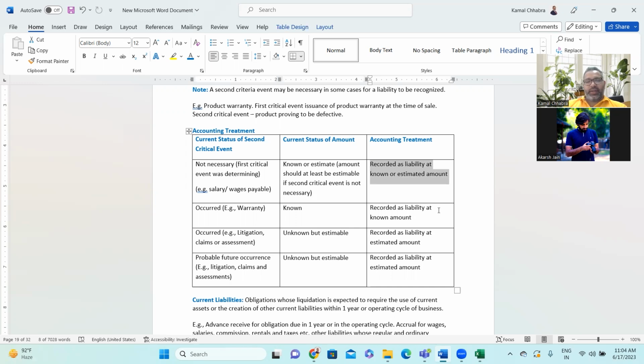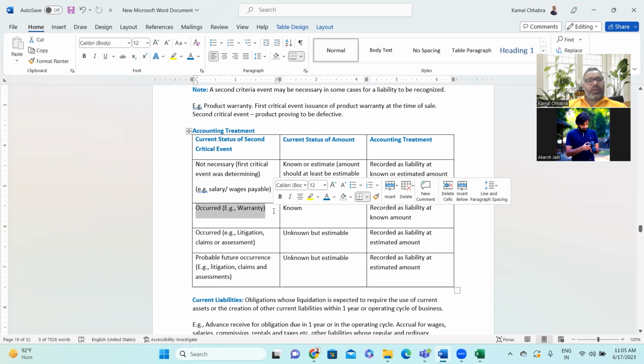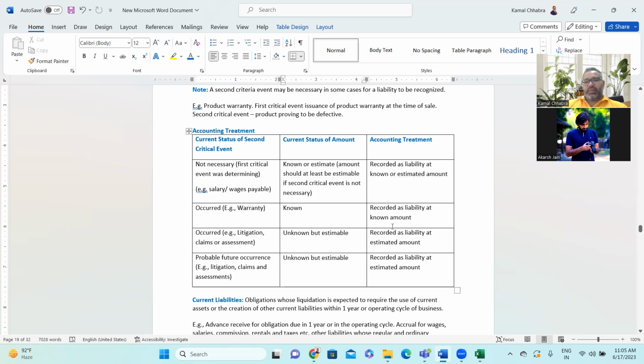Yes, sir. When second critical event is not required and there's a clarity like this much amount is being payable, you'll be recording the liability for the same. Now, when the second event occurred, that means warranty has claimed. Now you know how much expense, right? So in that case of scenario also, you need to record the liability at known amount, right?